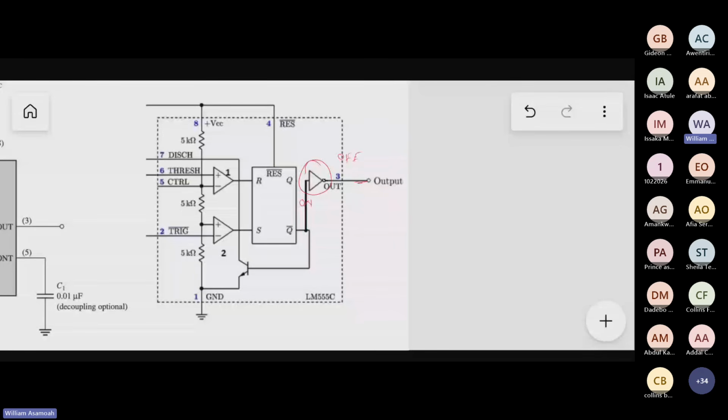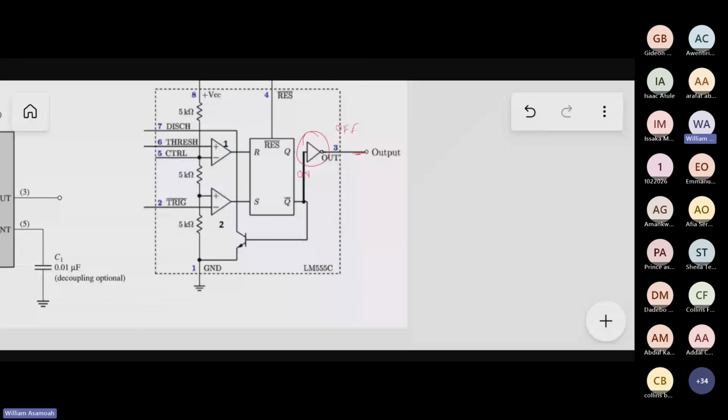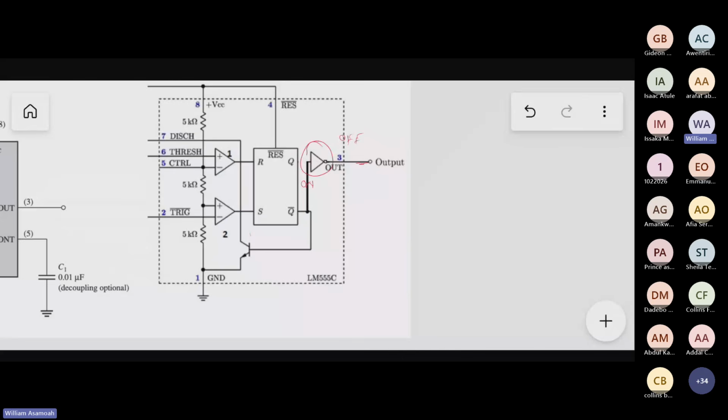That's how it behaves, but forget about it as if it's not there. And this one is a switch. Look at what happens here. If this switch is on, we can get electricity flowing to ground.